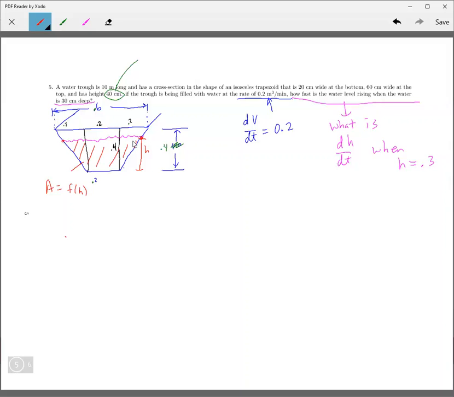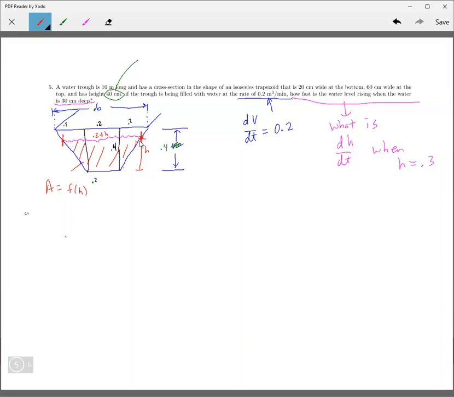The answer is that this distance here is going to be 0.2 plus whatever the height is, because you can see when the height is 0.4, it's 0.2 plus 0.4.